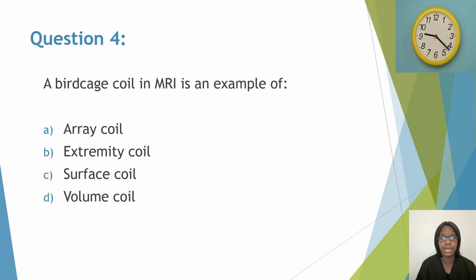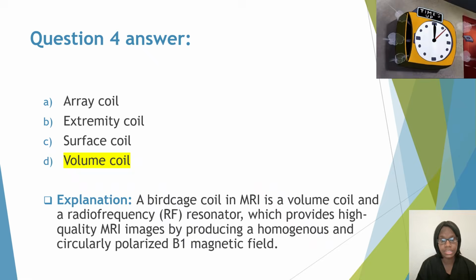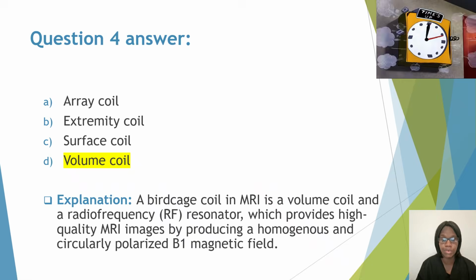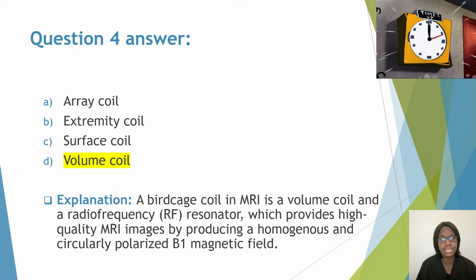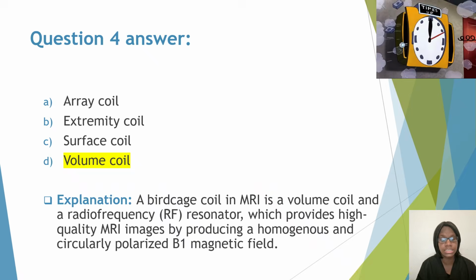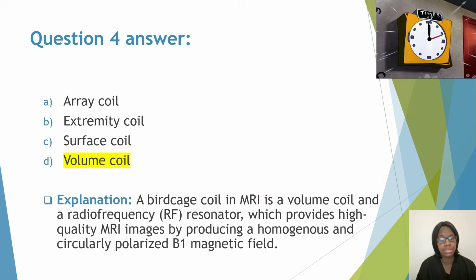All right, the correct answer is D, volume coil. A birdcage coil in MRI is a volume coil, a radio frequency RF resonator, which provides high quality MRI images by producing a homogeneous and circularly polarized B1 magnetic field.